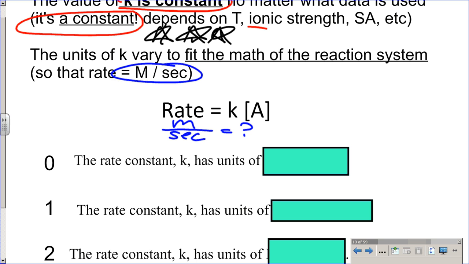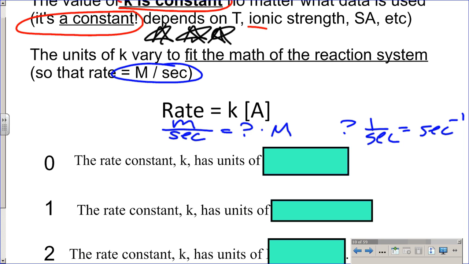You have to tell me what K's units are in order to get the appropriate units, because concentration is just molarity. So what does question mark have to be? 1 over second, because this is per second, right? So question mark has to be per second, also written as second to the -1.